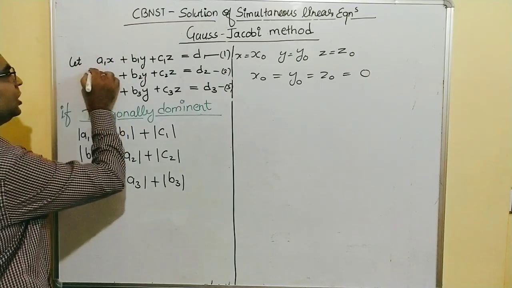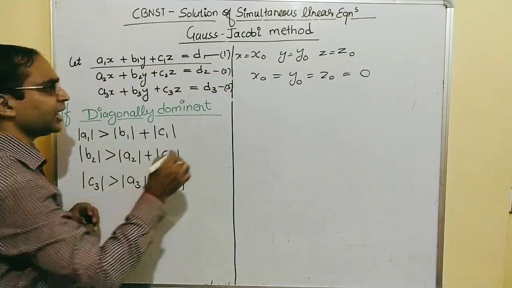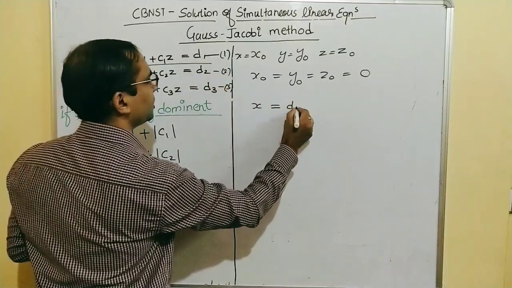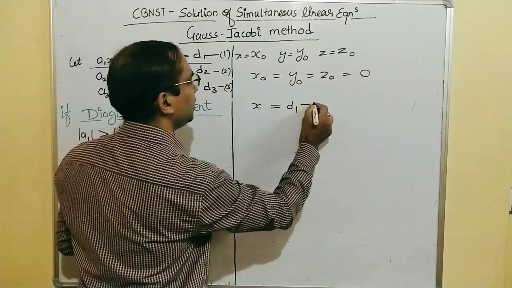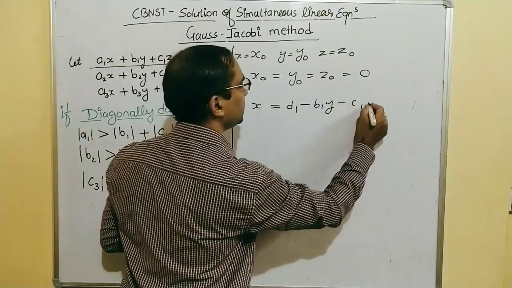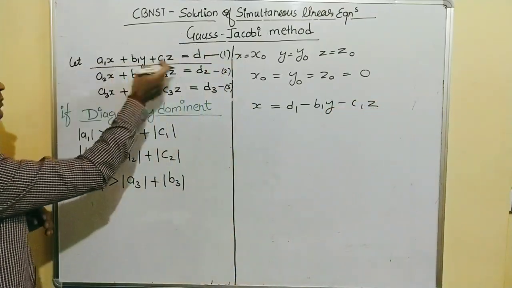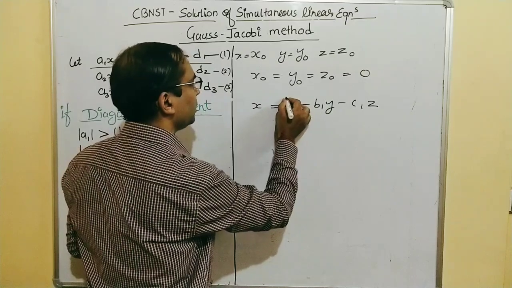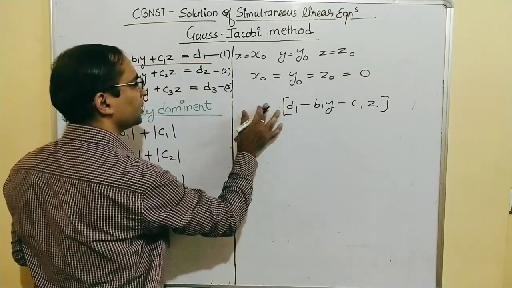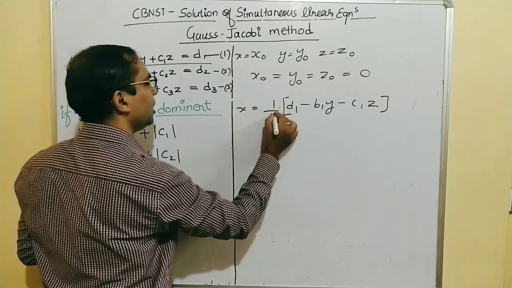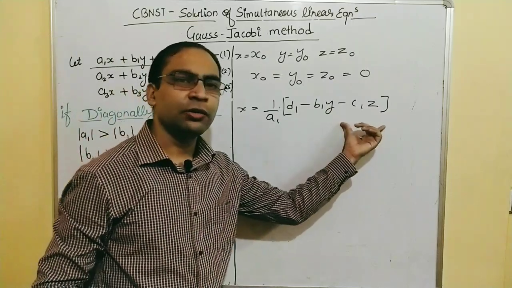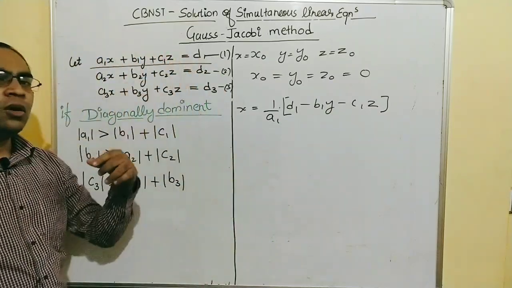So x will be equal to d1 minus b1y minus c1z, and this constant term will come this side and we'll divide this whole term by the constant term. So x is equal to 1 upon a1. This is the first equation that we achieved from equation number 1.